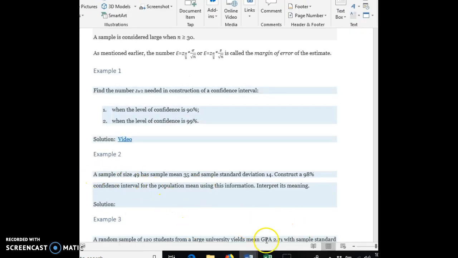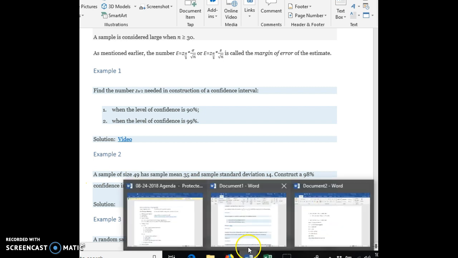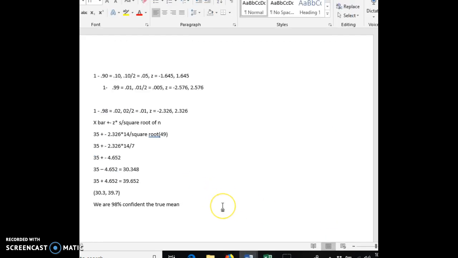No, but we'll look at a very specific mean in our next example. So the true mean is between 30.3 and 39.7. All right, so we're guessing at the population mean, and we have 98% confidence that we've caught it in this interval.